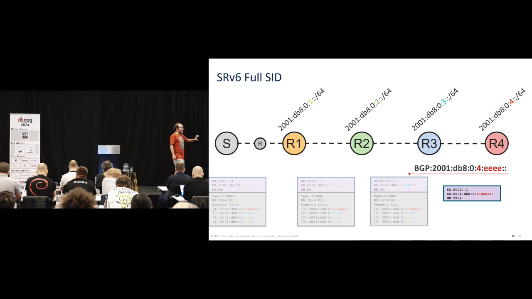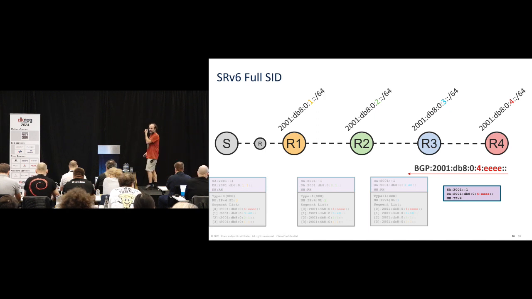He will remove the SRH, because right now segments left is 0, so he knows there are no more active segments to be consumed by anyone beyond him. No one in the network will ever need the SRH, so he'll just remove it and send the packet there. There is an option to keep it there. It's up to him. It's nice to remove the SRH, and most devices by default behave that way.